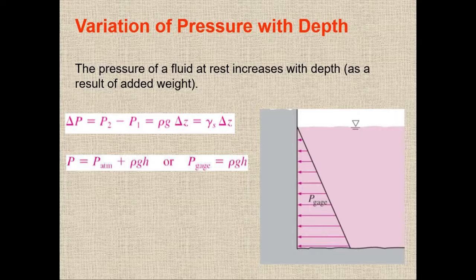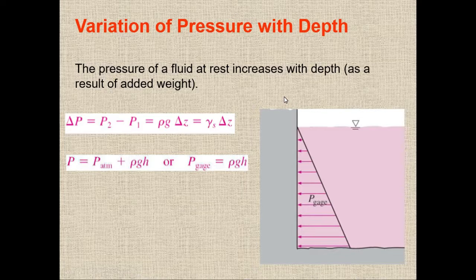So here, simple. If I have the pressure somewhere on the top side equal to P atmosphere, then we have plus rho g h due to the depth, and then you will get the pressure. Sometimes the P atmosphere is not given.